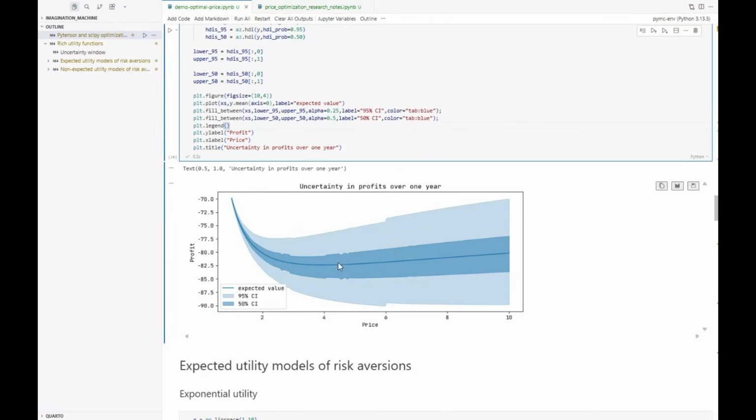And you might want to be on the safe side for some reason. One way to be on the safe side is to have a utility function that diminishes at higher and higher profits. There's a long-standing idea in social sciences that people who are really rich aren't that much more happy than people who are a little bit rich.